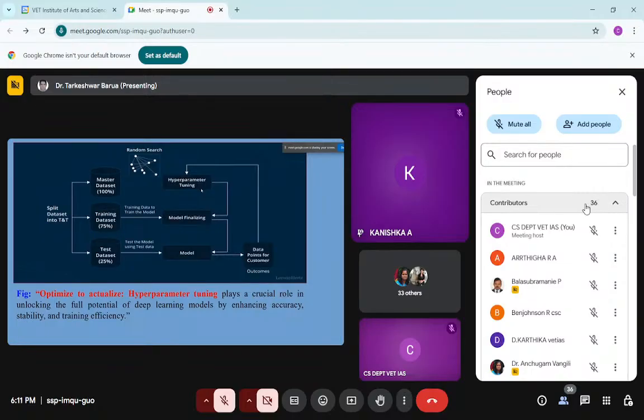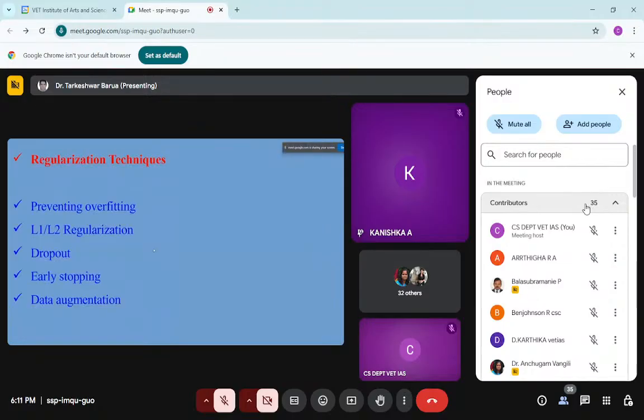This is how the performance of your model can improve, or you can say we can optimize the accuracy. Hyperparameters play a very important role in unlocking the full potential of deep learning models by enhancing accuracy, stability, and training efficiency.